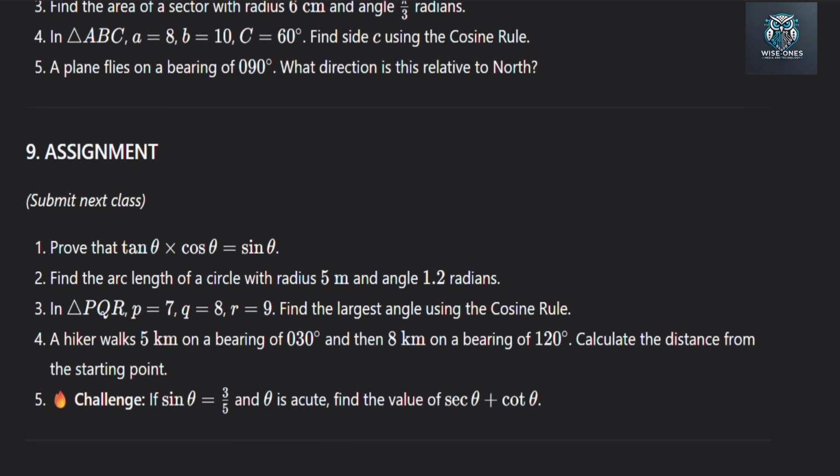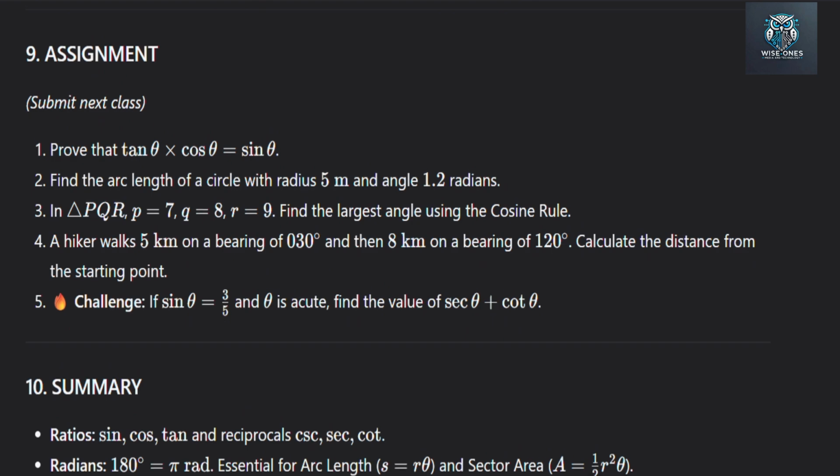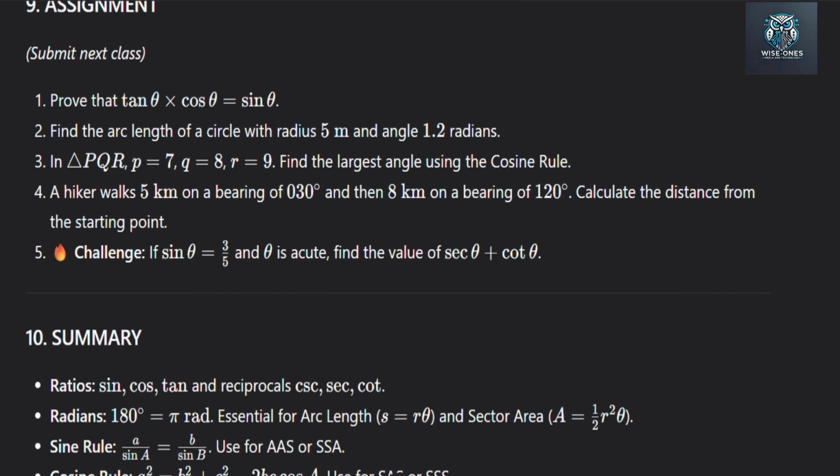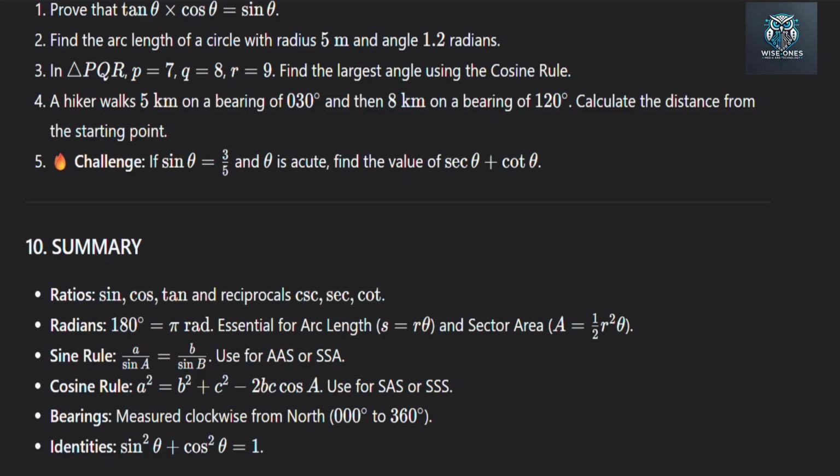In triangle PQR, p equals 7, q equals 8, r equals 9. Find the largest angle using the cosine rule. Question 4. A hiker walks 5 kilometers on a bearing of 030 degrees and then 8 kilometers on a bearing of 120 degrees. Calculate the distance from the starting point.